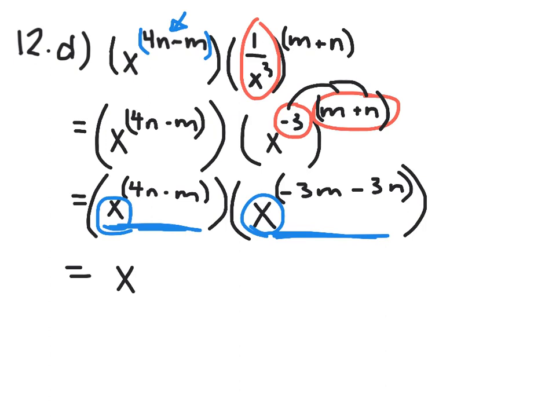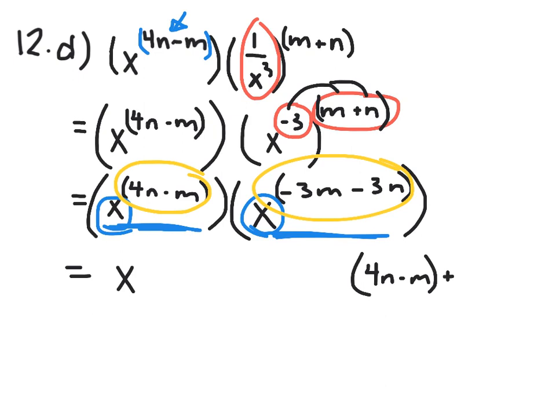Some of you won't like this at all. You don't like to see this huge thing over here as your exponent. If you do not like that, you could take this off to the side and add this exponent with this exponent. Maybe it's a little easier: 4n minus m, I'm going to add this with this, negative 3m minus 3n.